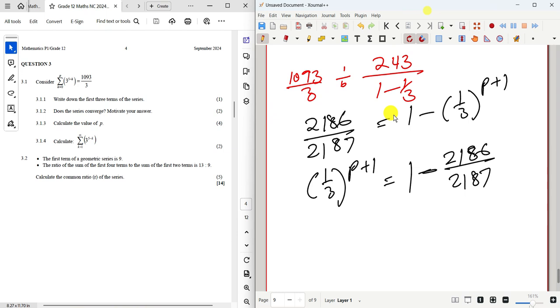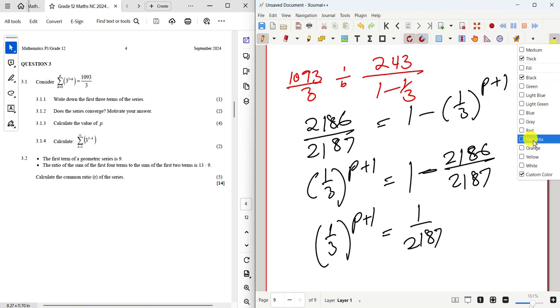So let's see. Our answer will be 1 over 3 to the power P plus 1 is equal to 1 over 2187. Let's look at 3 to the 6.